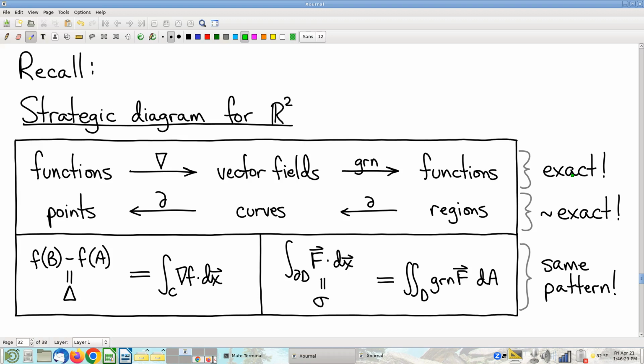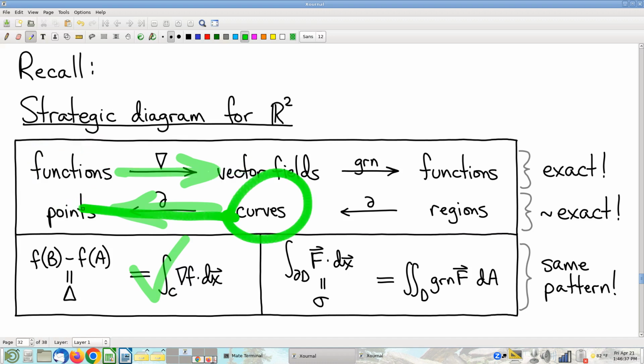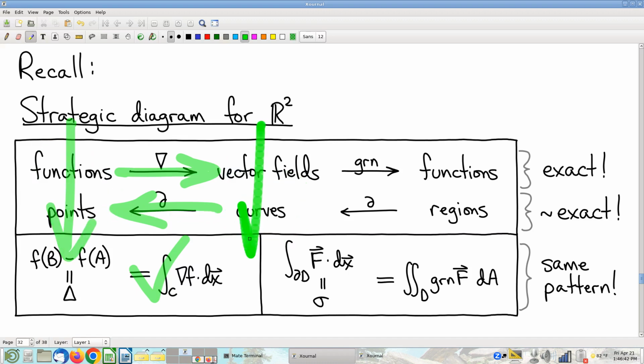There's also this comparison or analogy that I like to represent by this little shorthand in the diagram: if you take a function and look at the gradient field, and if you take a curve and look at the boundary points, and you compute on each side, then the two results are equal.